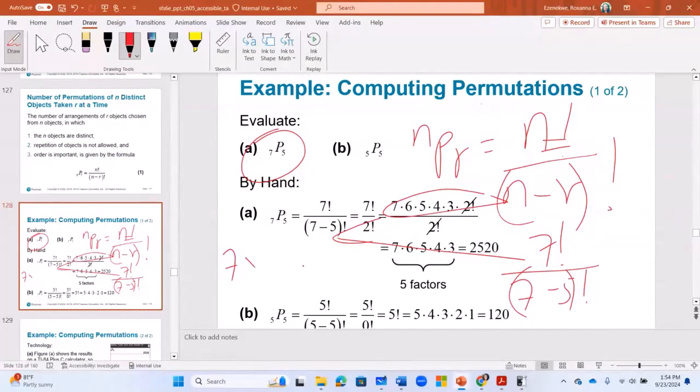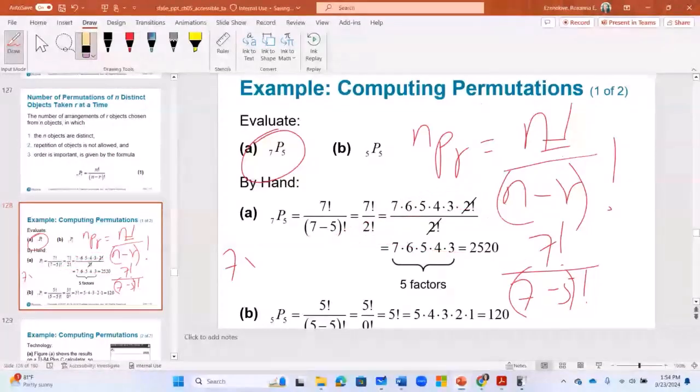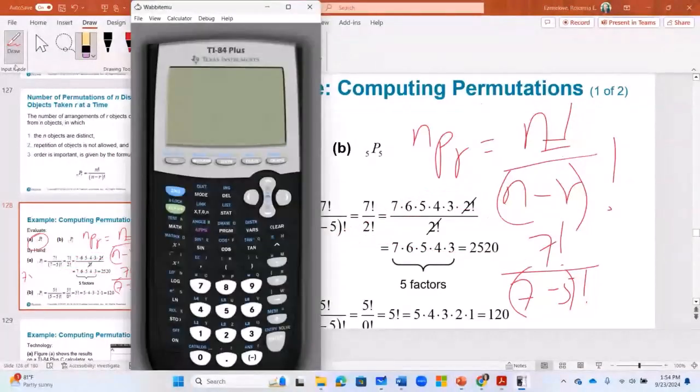Is this answer correct? Let's find out. I'm going to get my calculator. I know we don't have time, but we can finish this. So I'm going to click 7 permutation 5, where order is important.